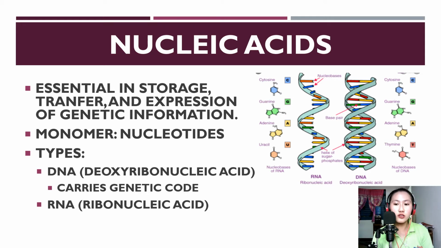So kung gusto mong malaman kung kapamilya ka ba ng iyong nanay at tatay, kinakailangan na i-test yung inyong DNAs. Okay? Next is the RNA and its function is to synthesize protein. So it carries the information from the DNA to the cellular factories for the synthesis of proteins.